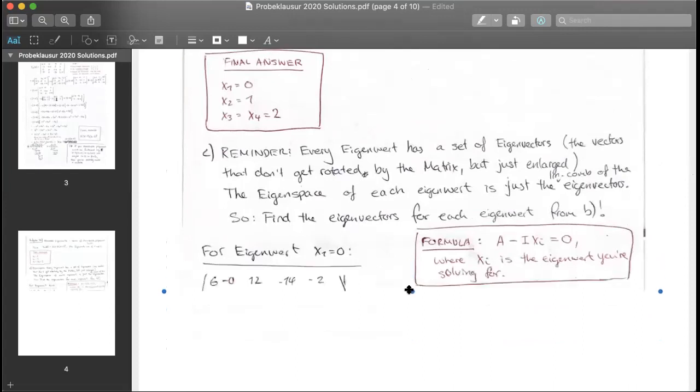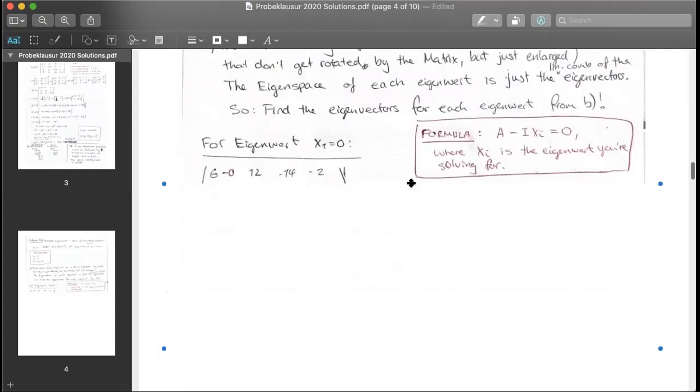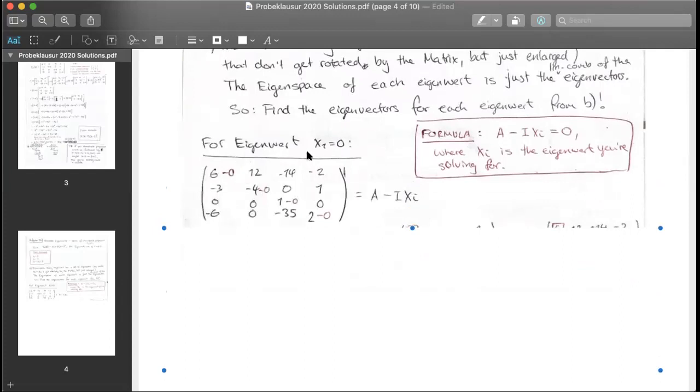And how do you do that? Well, you remember another formula, which you don't have to remember if you see how it works. Let's see how it works first. So to find the eigenvectors that belong to eigenvalue x1 equals 0, you subtract the eigenvalue from your original matrix along the main diagonal. So your original matrix was the black letters, and eigenvalue x1 is 0, so you subtract that from the main diagonal.